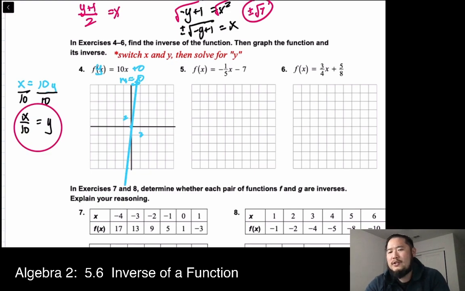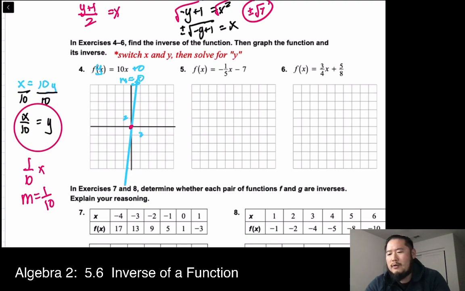Now you're saying x over 10. Remember, that is the same thing as 1 over 10 times x. So we could actually say that my slope right here is 1 over 10. When we graph this, we have our y-intercept. So our y-intercept on this as well is at 0, 0.